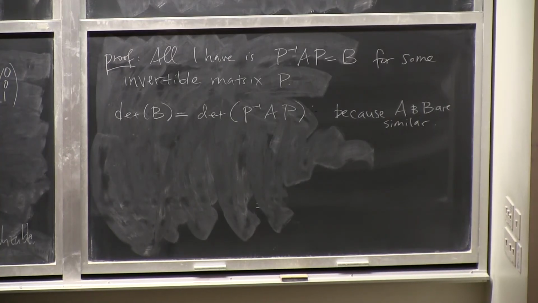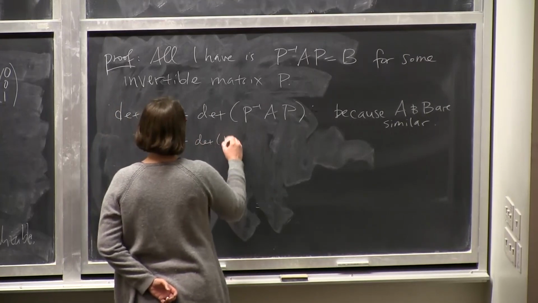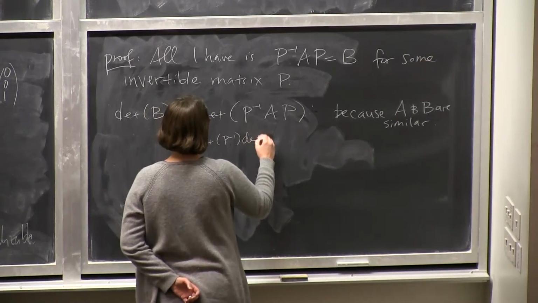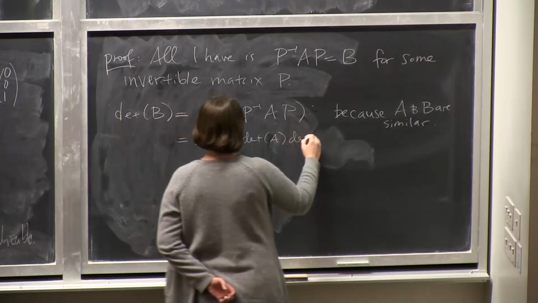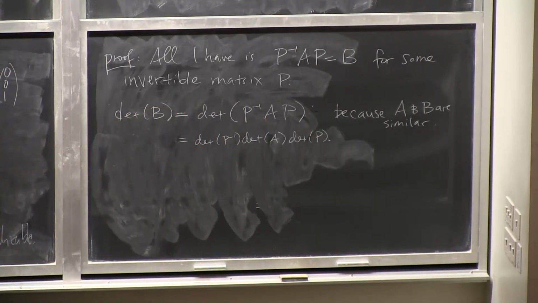Does the determinant play nicely with products? Does it play nicely with addition? No. It does play nicely with products. So this is the determinant of P inverse times the determinant of A times the determinant of P, because determinants play nicely with products.